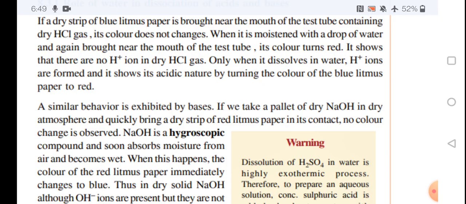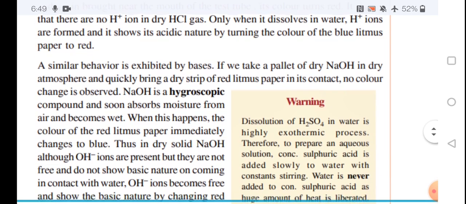That means it attracts moisture from the air, so it becomes moist. Then the color of the litmus changes from red to blue. That means it shows the property of a base.